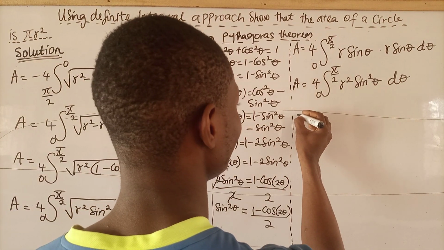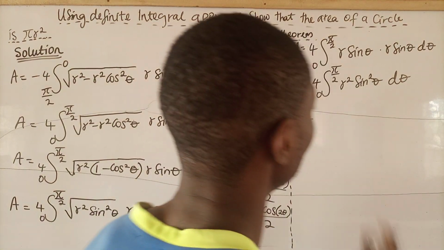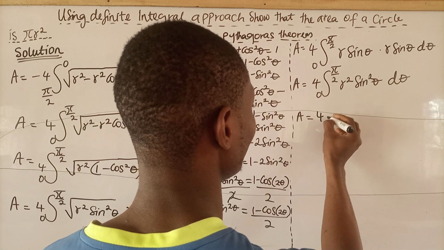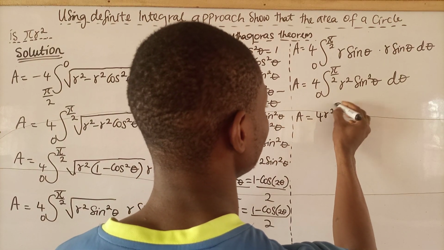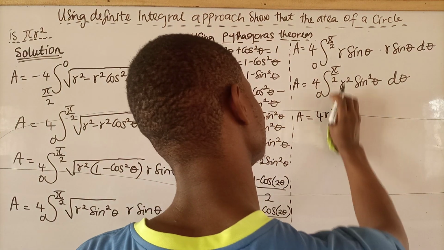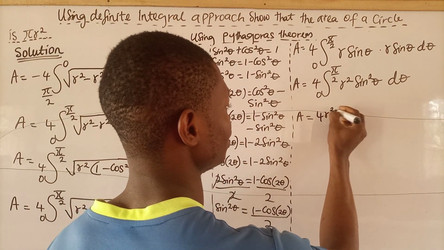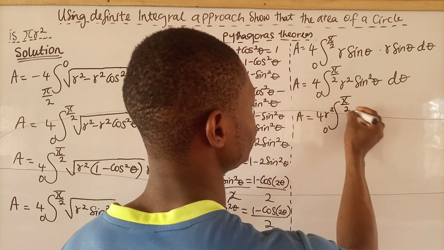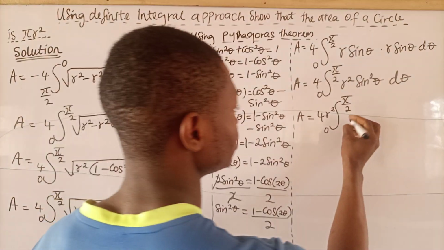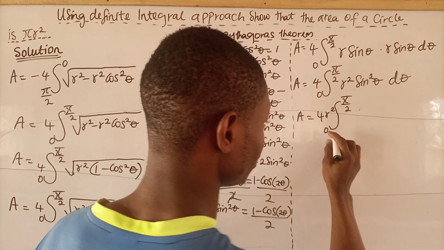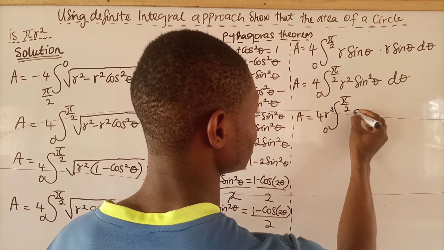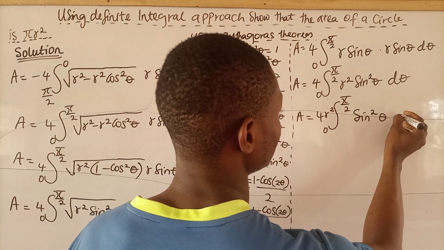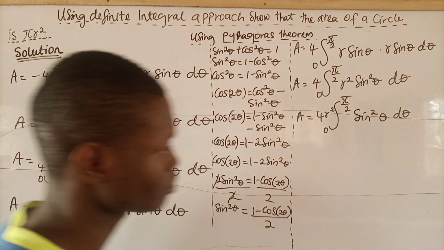So we are going to have area is equal to, we are going to keep this r squared constant. So we are going to have 4 times r squared integral from 0 to pi all over 2 of sine squared theta d theta.